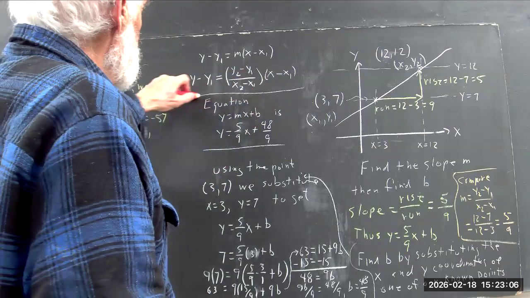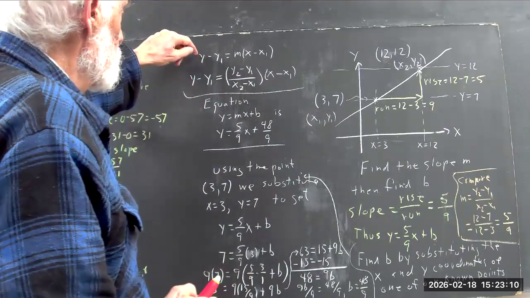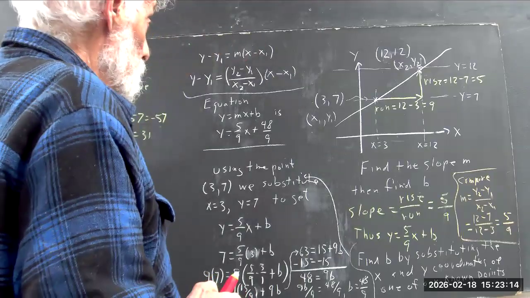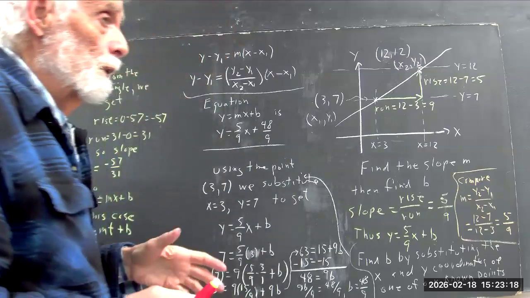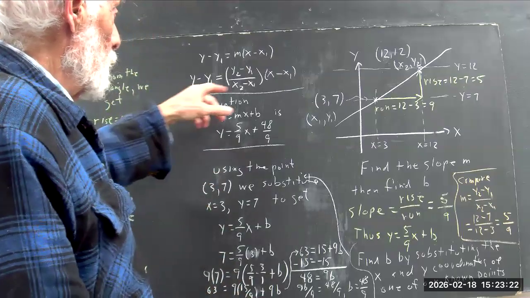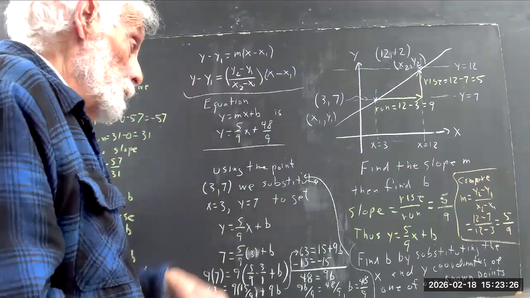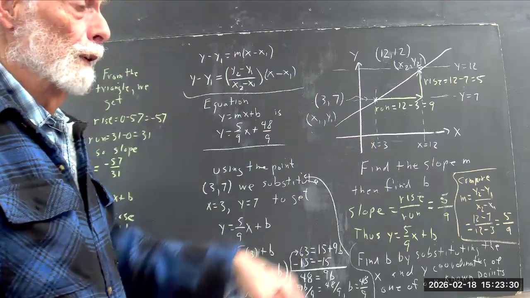Now that equation can look a bit complicated. The equation we wrote before, y minus y1 equals m times x minus x1, is less complicated, but it causes you to have to go out and calculate m. In the equation I just wrote, where m has been replaced by y2 minus y1 over x2 minus x1, you don't have to think about anything.